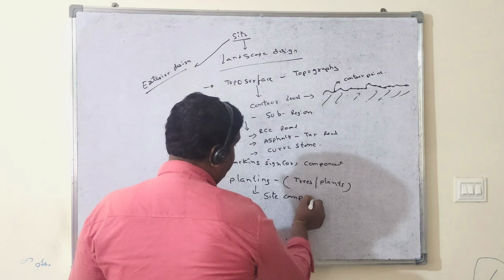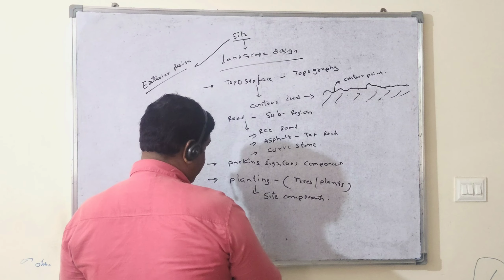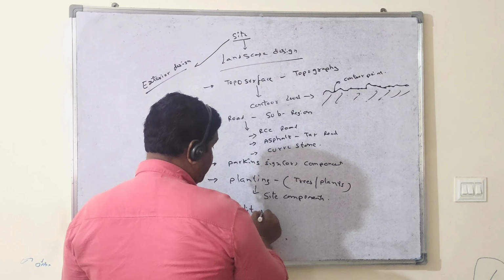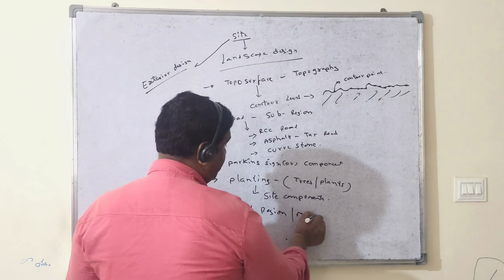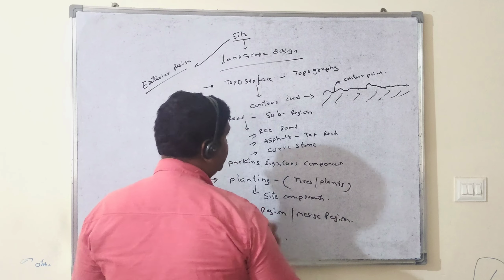Site component comes under planting here. Then you have to provide some split region or merge region. That is also possible.